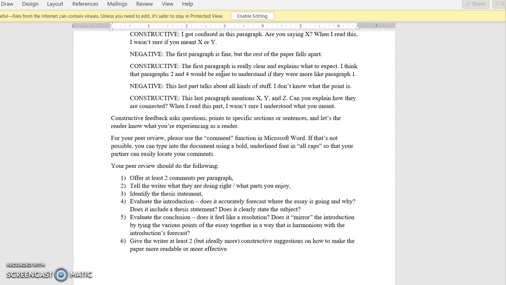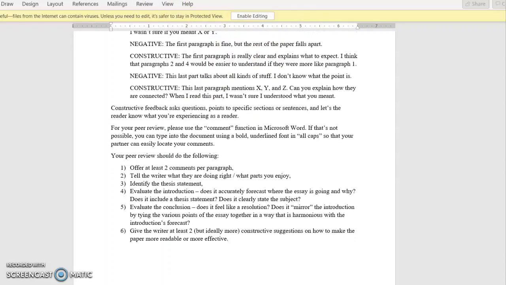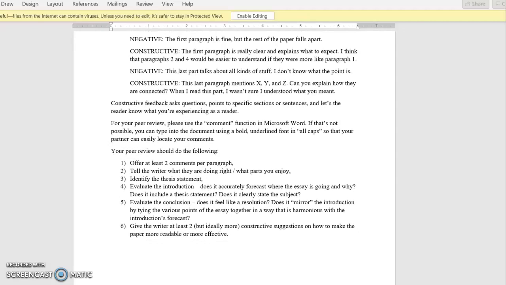So basically you're saying in that way that paragraphs 2 and 4 are not clear enough and they don't explain what to expect, or they're somehow foggy in terms of what we're supposed to be understanding from them. Right, so that gives your peer at least some understanding of what is missing and what needs to be changed.